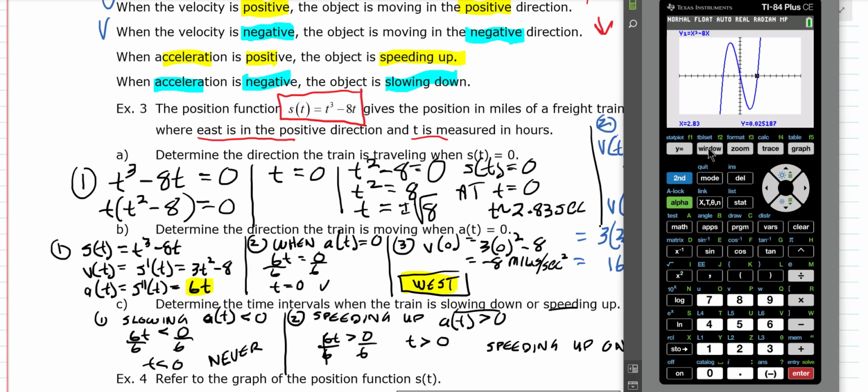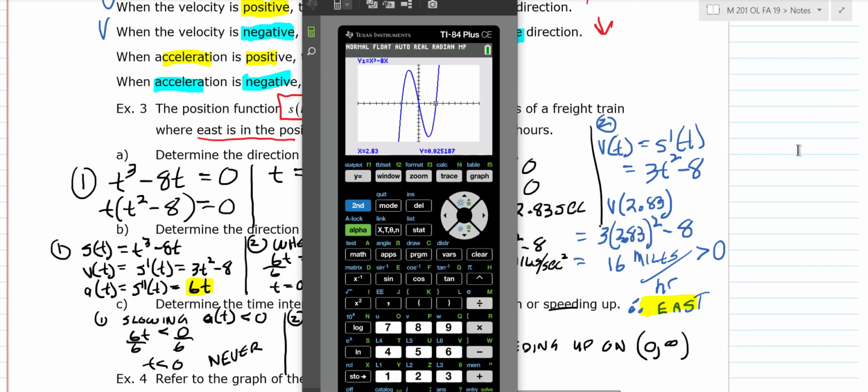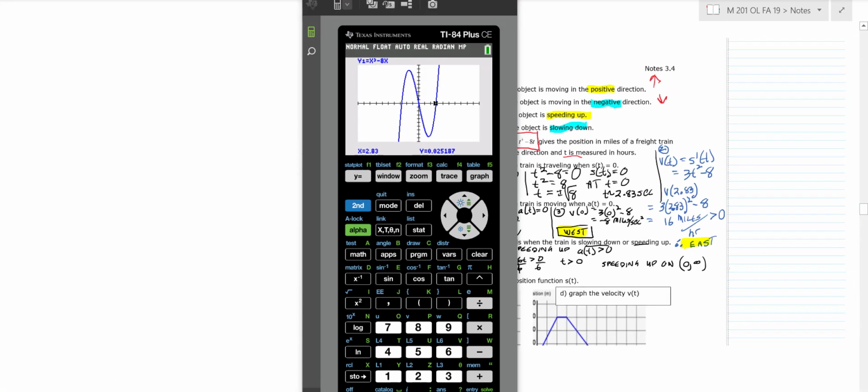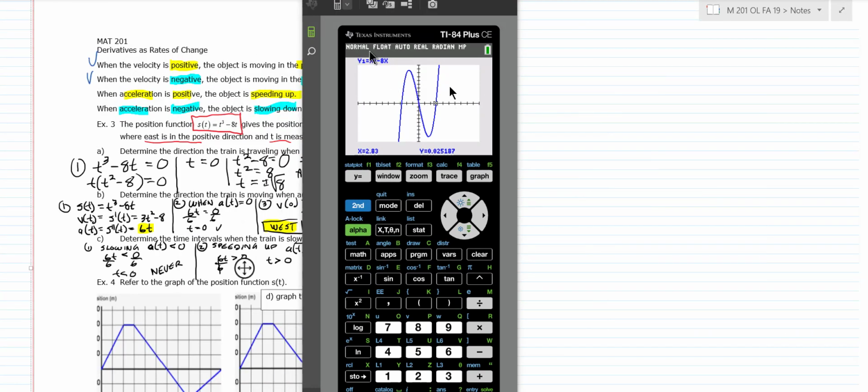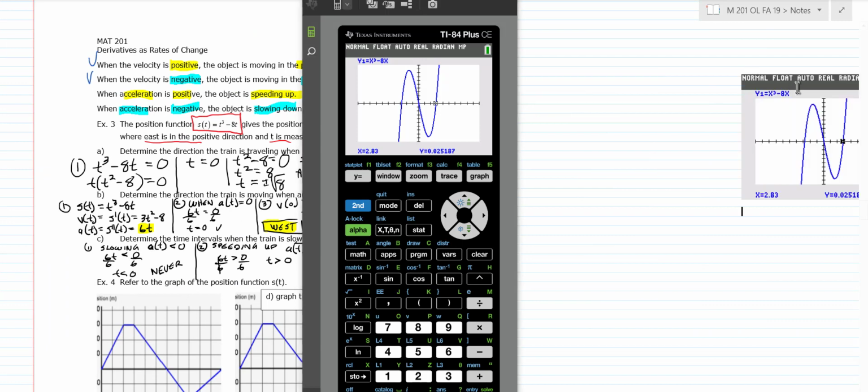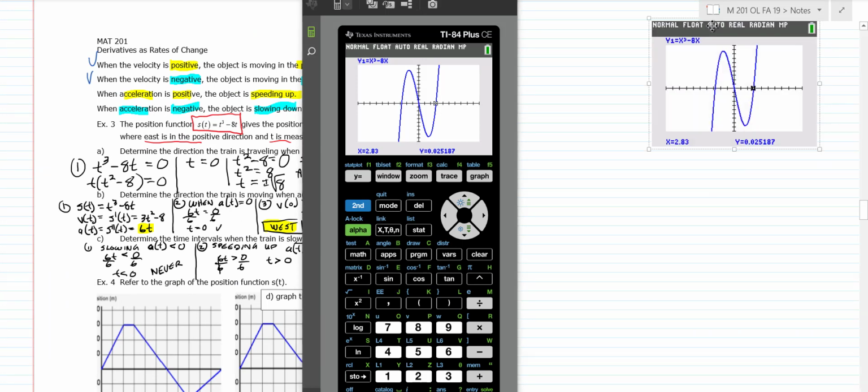So that verifies that. Then we determined the direction when the acceleration is 0 on this. Now, one thing that's happening on the velocity on this, and I'm going to move my graph over here to the side so I can write over it and talk about what's going on here. So this is s of t. That's your position function like that.